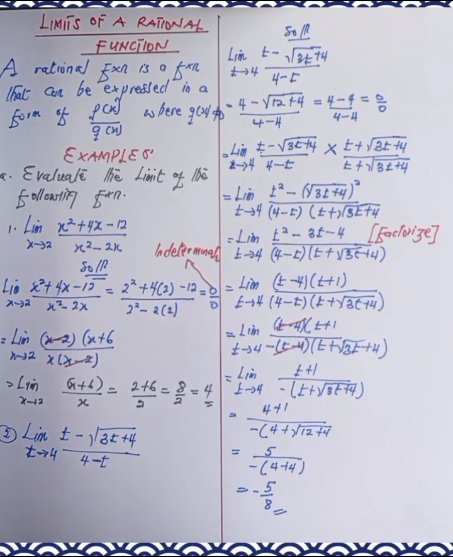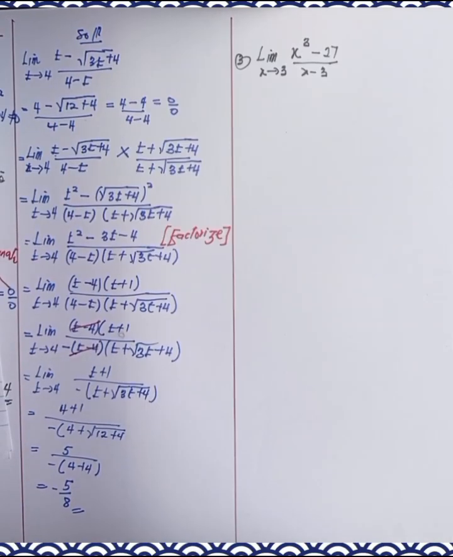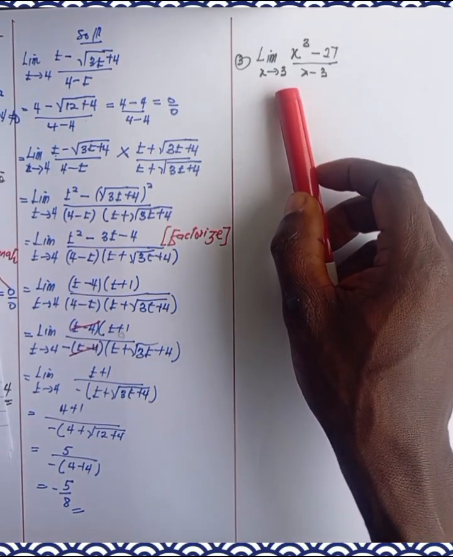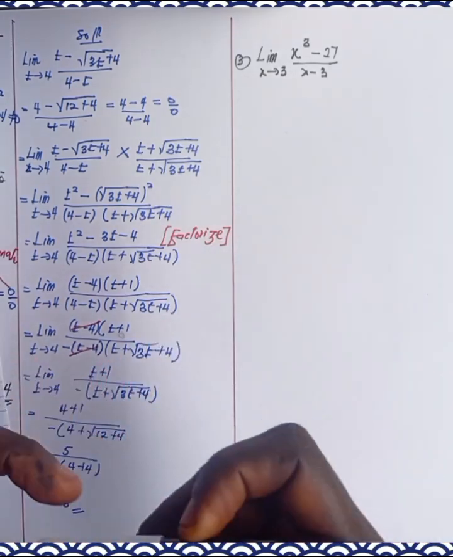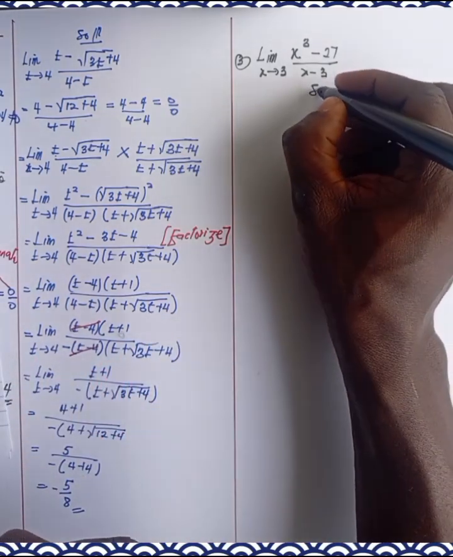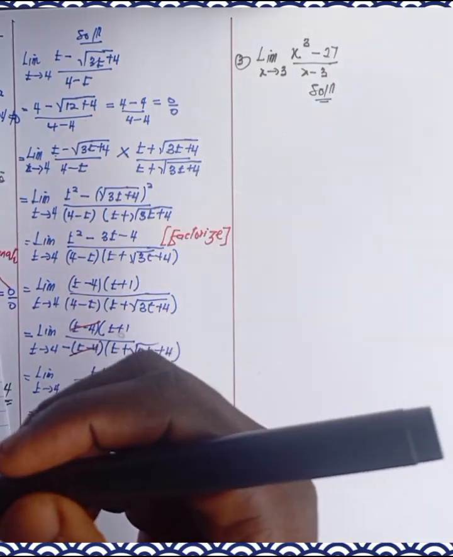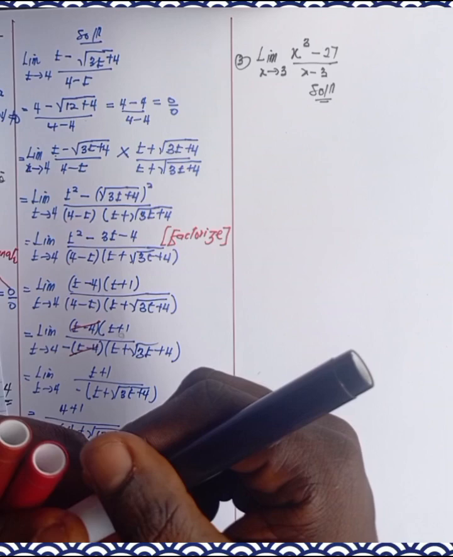We are going to look at the next example, and that's going to be the last example. We have to find the limit of this function as x approaches 3. So we first have to do a direct substitution to see what we are coming out with.